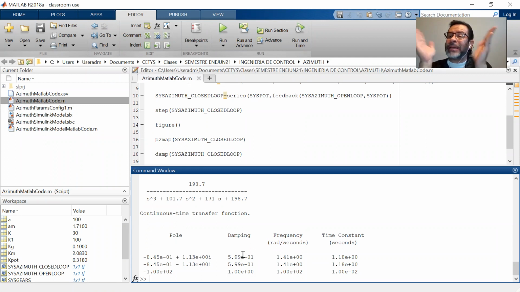That's why it's usually recommended between 0.4 and 0.8. Why is that? Because those are approximately the values that don't give you such a high overshoot. So you usually want to get to an overshoot that's less than maybe 18, certainly less than 20%.